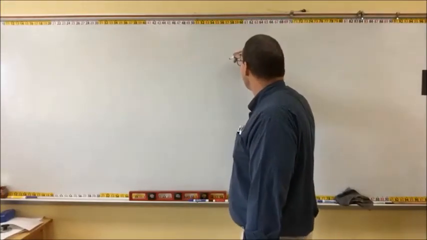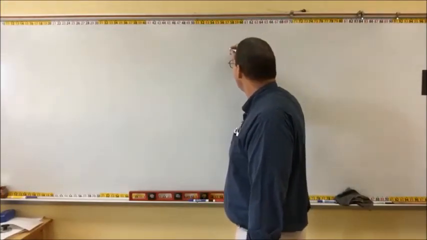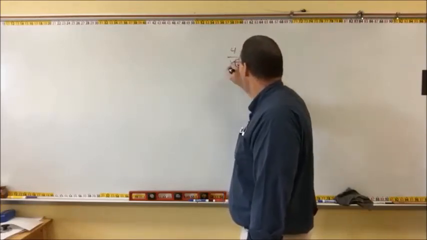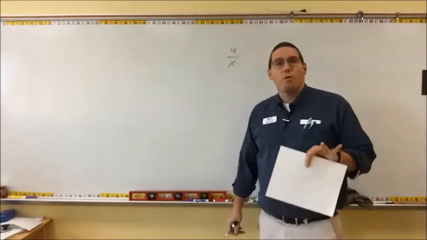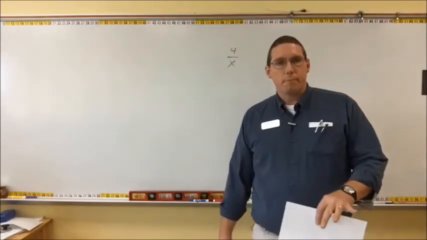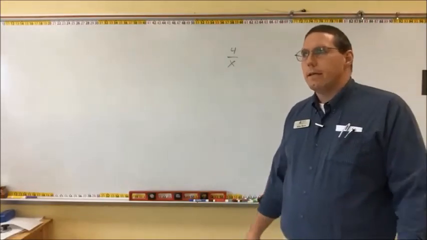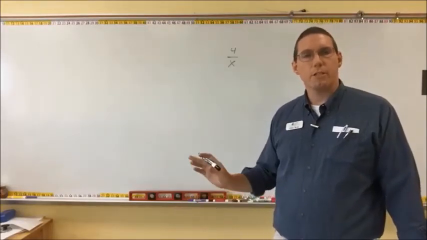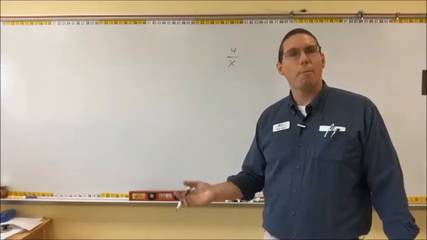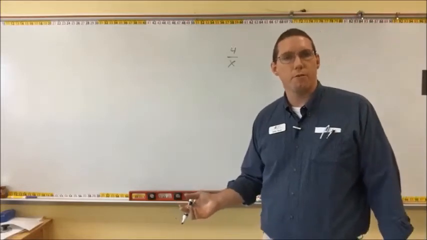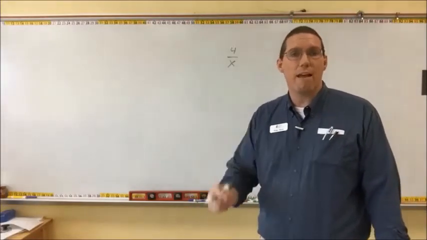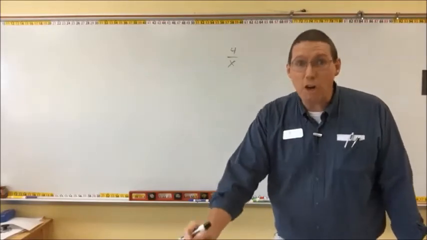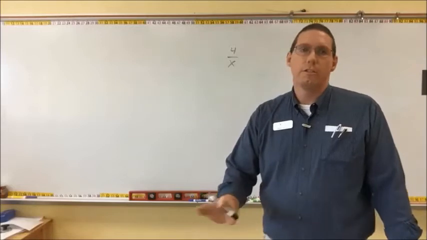Because we have a variable in the denominator, let's say we have 4 over x, there is a really important rule in math, especially dealing with division. You probably learned this a long time ago in elementary school, but the rule is you can never, ever divide by 0.